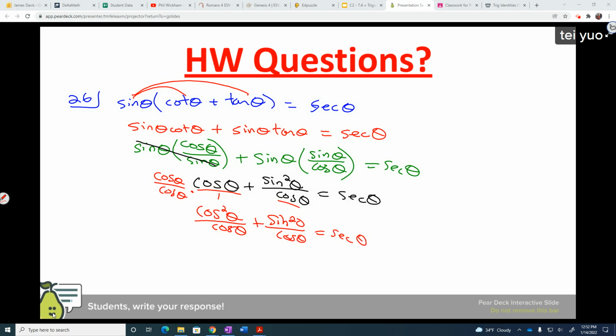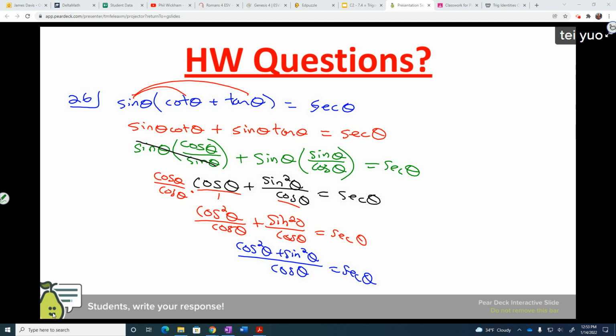Now, since they're the same denominator, we can combine those. Just add the numerators, keep the denominator. Cosine squared plus sine squared over cosine equals secant. Then we have our Pythagorean identity.